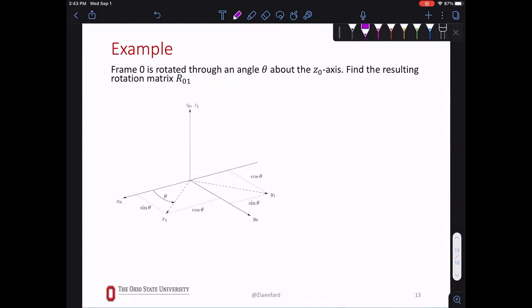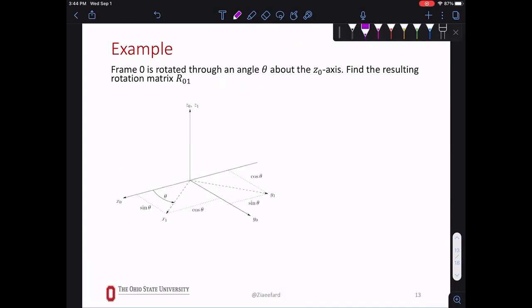Try to find the rotation matrix. If you can do this, you can do a cross rotation. I will open the next class, Friday, at the beginning of class, with this. So you have more than 1 minute, but actually you have to review this. Now, first find the rotation matrix for this. Frame 1 is rotated by angle theta about the z0 axis.